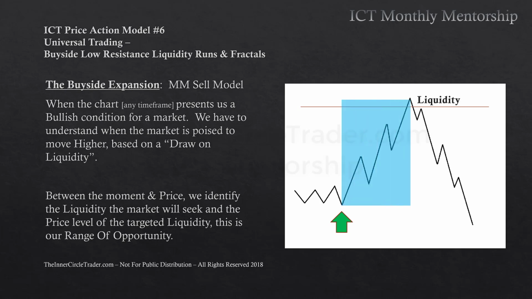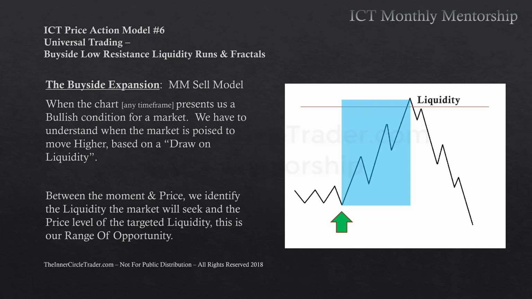Between those two points, we will be identifying one or two, because we're looking at a market maker sell model initially here. So the pattern or the setup, if you will, is the market maker sell model, and we're using the buy side of the curve.